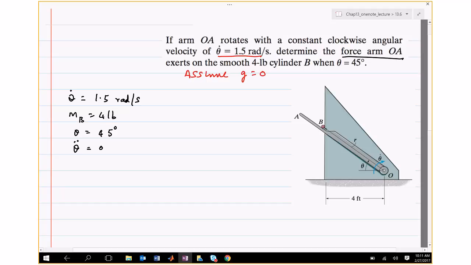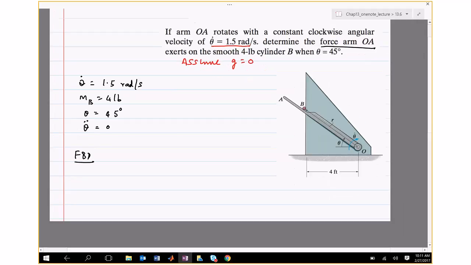So if you're told to find forces, you have to use F equals ma. Okay, what coordinate frame do we use? We clearly use the cylindrical frame because the r is given as a function of theta. So free body diagram. I'm going to draw a free body diagram of the mass so that I can use F equals ma.